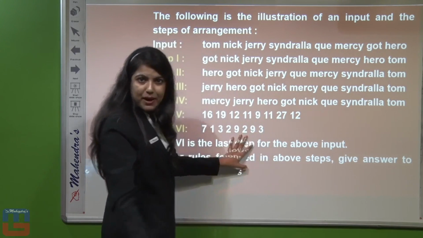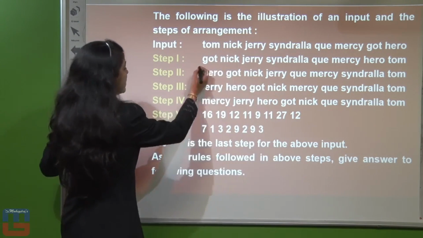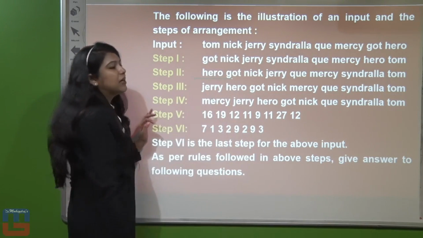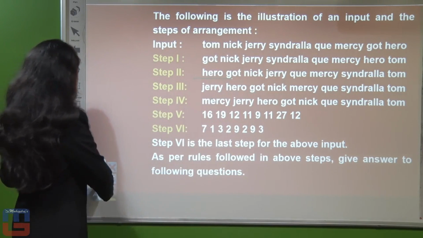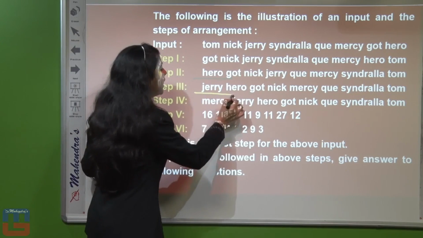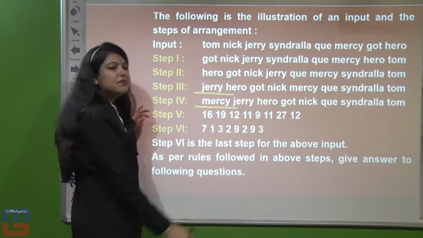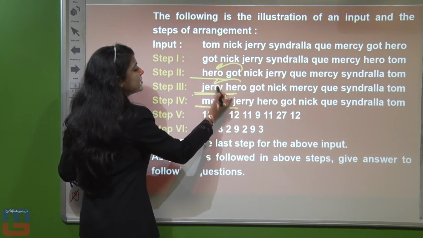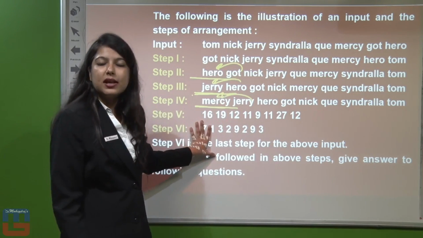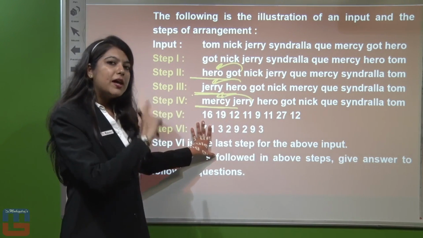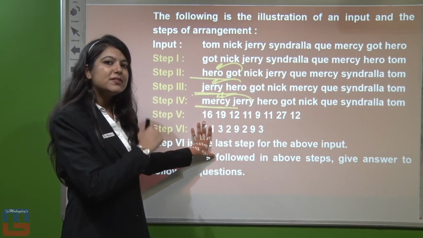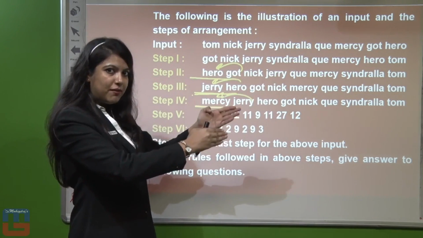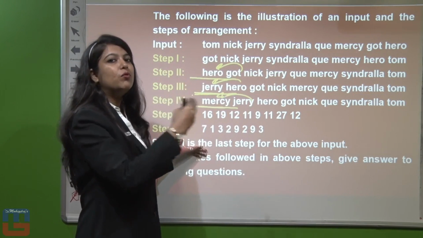And yes, this is the pattern which we are following here, because if we have taken Got here, then next we have taken Hero here. After Hero we have taken Jerry, and after that Mercy. That means one by one we are taking the highest letter from the previously arranged word. Now on the back side also, opposite letters are getting arranged one by one with the moving word.